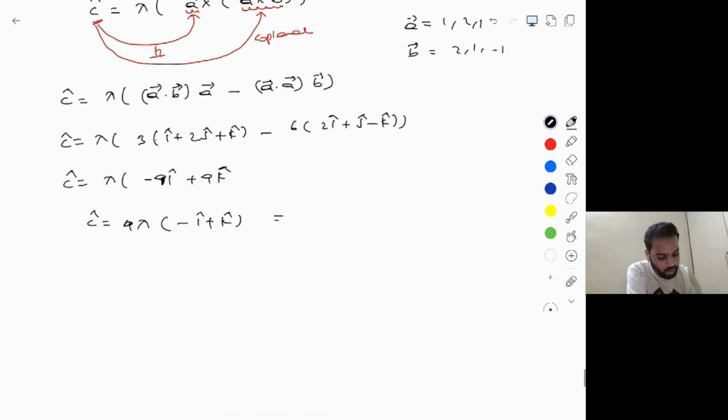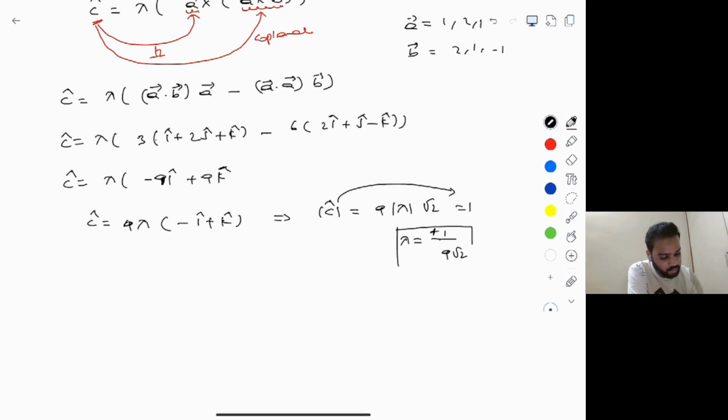Now, moreover, you can apply mod on both sides, right? So, modulus of C cap is equal to 9 into modulus of lambda multiplied by modulus of minus i cap plus k cap, which will be square root of 2. And this mod of C cap is nothing but 1. Finally, we have lambda equal to plus or minus 1 divided by 9 square root 2.